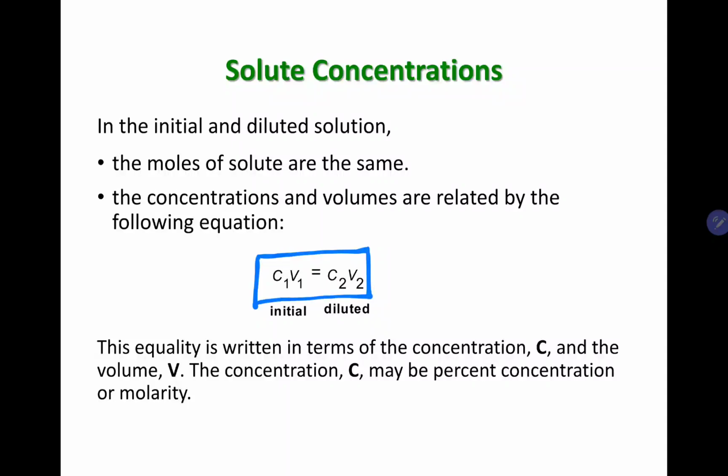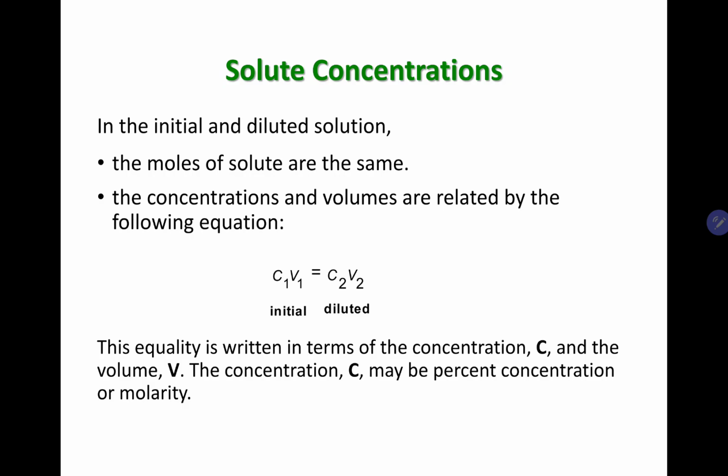But let's define the terms. What does the multiplication of CV give you? It gives you the number of moles. The product of concentration and volume gives you the number of moles. So in these dilutions, the thing that does not change is the number of moles. You are changing the volume, so you are changing the concentration, but the number of moles is not changing.